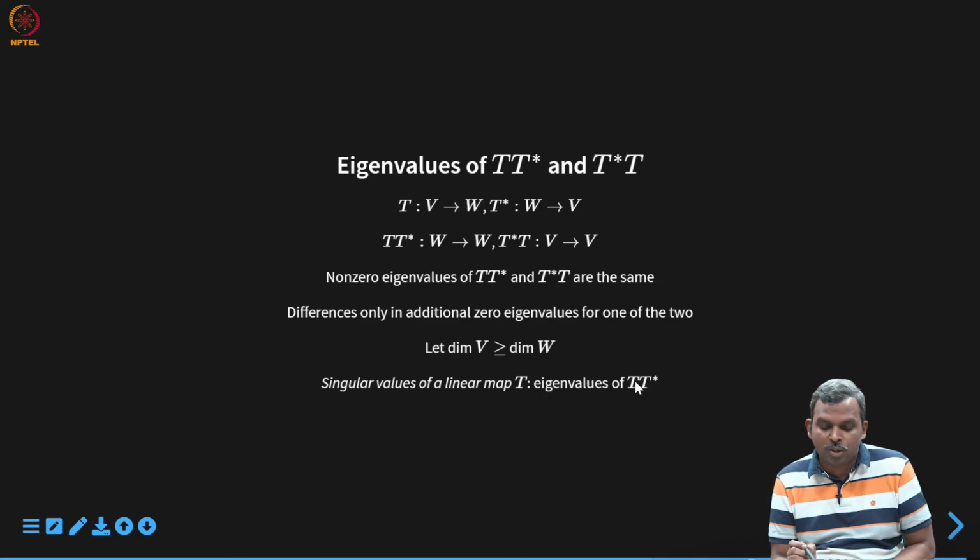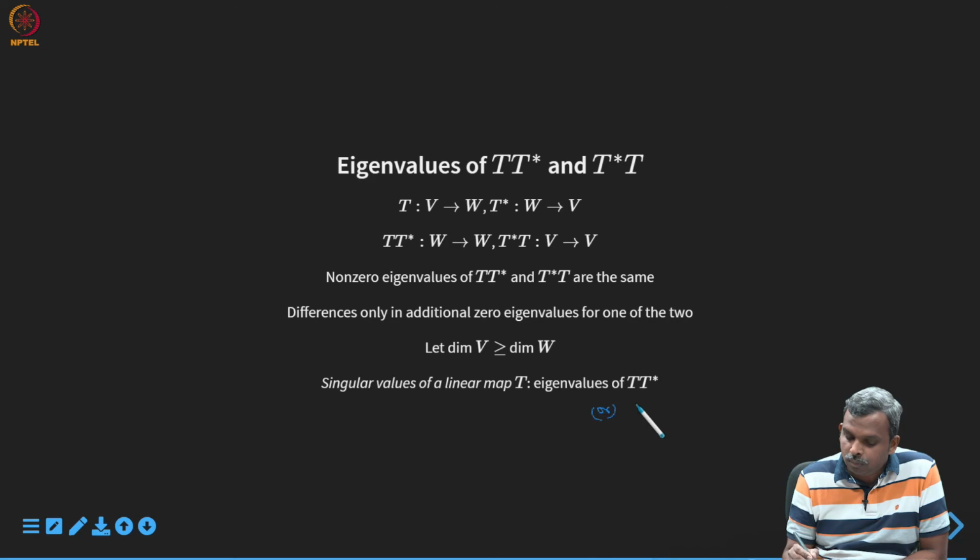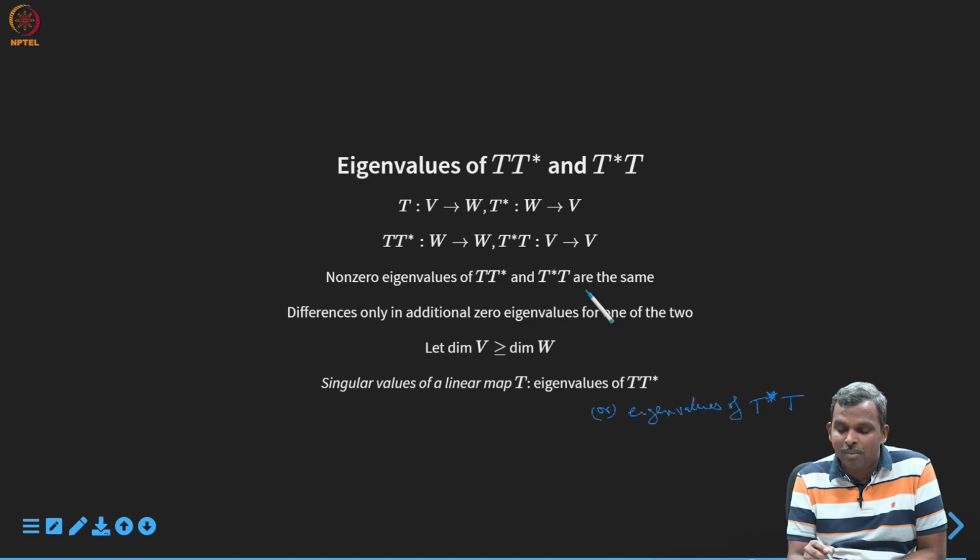You can also say eigenvalues of T star T, isn't it? Because these two have the same eigenvalues more or less, except for some 0 eigenvalues that are additional. So, one can define it like this, but I'm being a little bit more careful here, and I'm taking the smaller dimension, defining it as the eigenvalues of the smaller dimension.